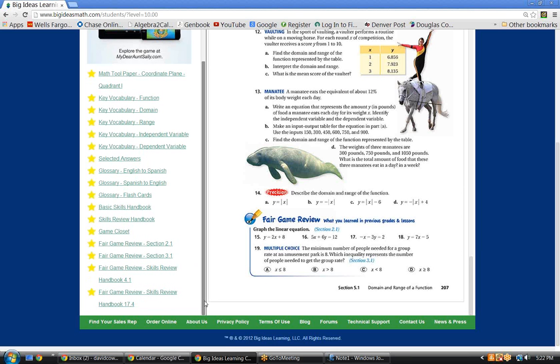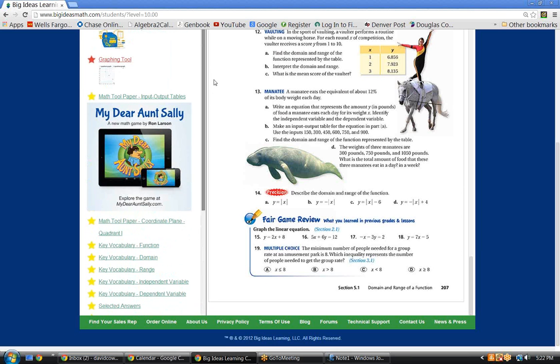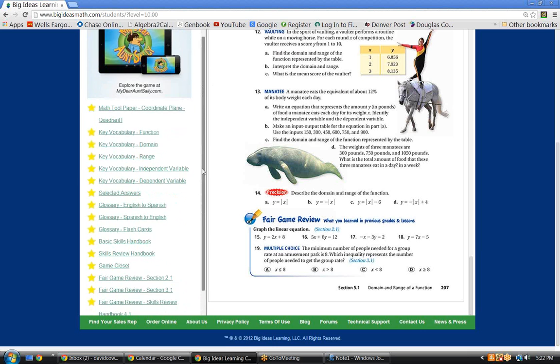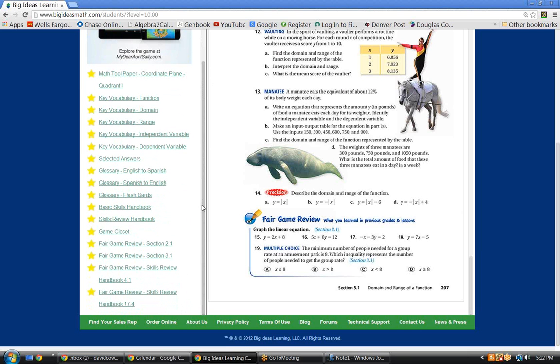If we were reviewing, I wouldn't care, but I don't want to overwhelm you with new stuff. What is the independent variable in a typical equation like this? In y equals absolute value of x, what's the independent variable? What's the dependent variable?